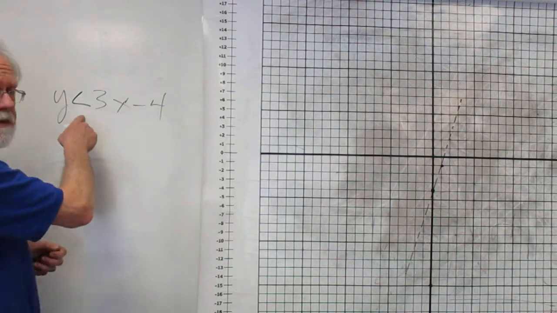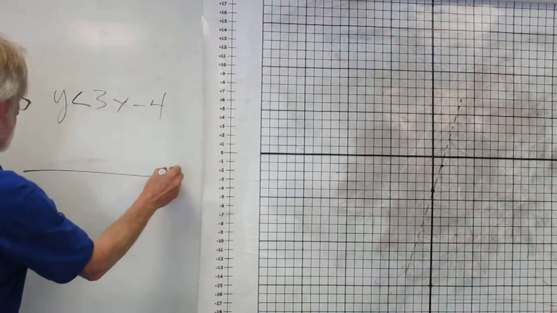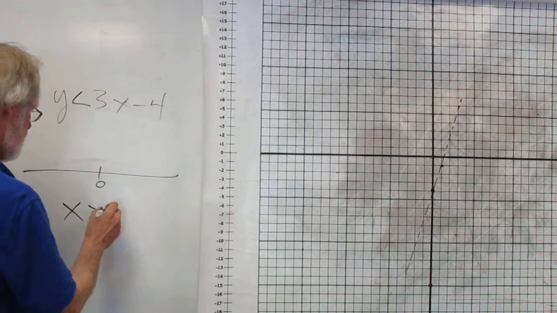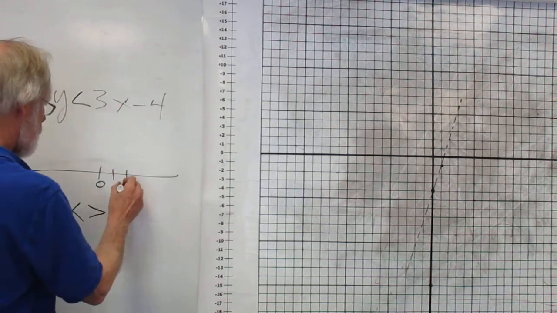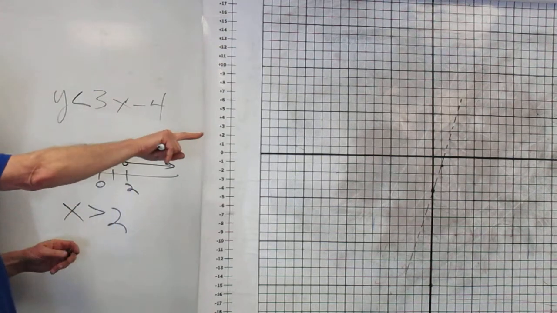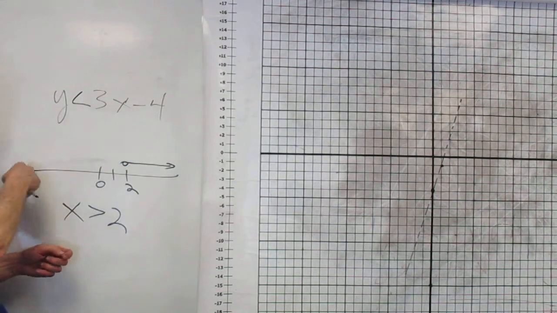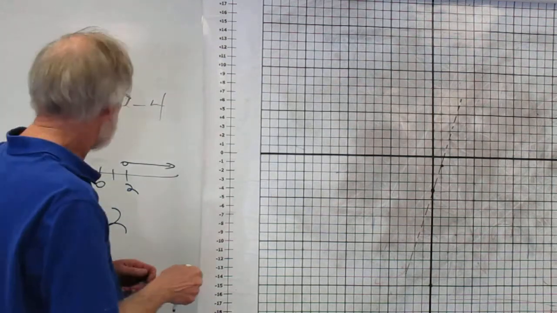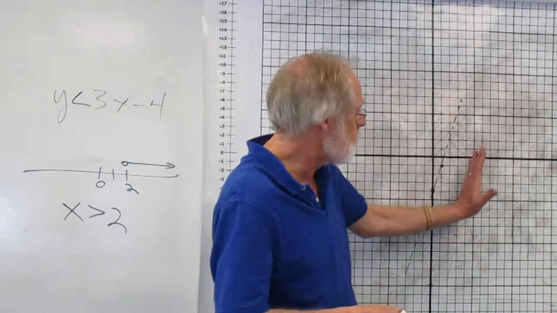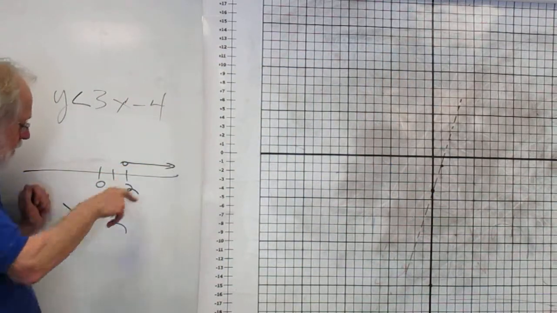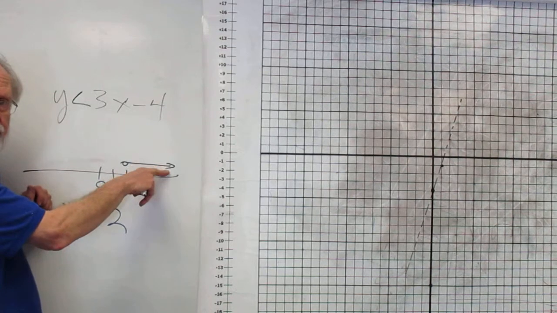But what we have to do is determine the shading. Now, when we had an inequality, and we had at 0, x is greater than 2, we had the open circle, and then we had an arrow with a line pointing in that direction or in the other direction, depending on whether this was a greater than or less than. Over here, we have an entire region instead of just a set of points, which allowed us to put a line with an arrow.